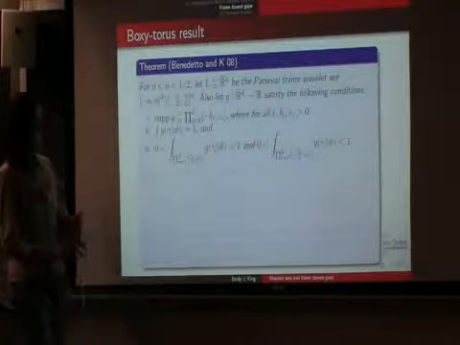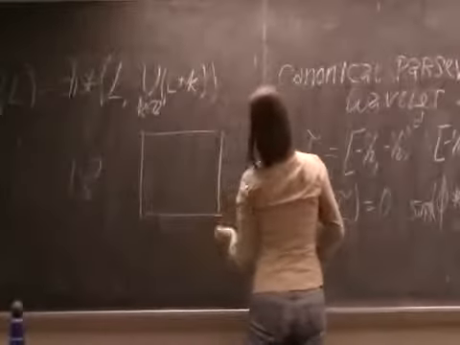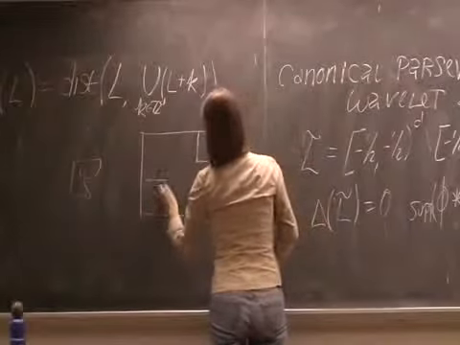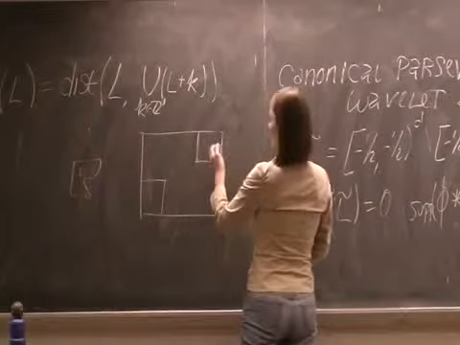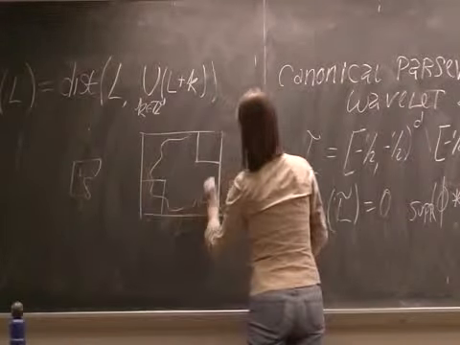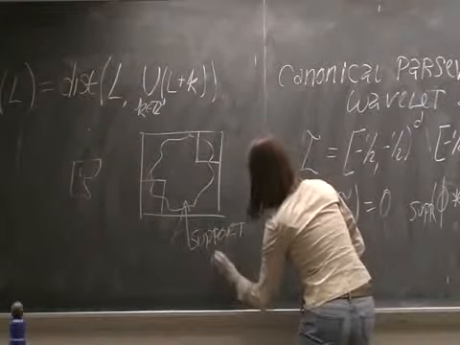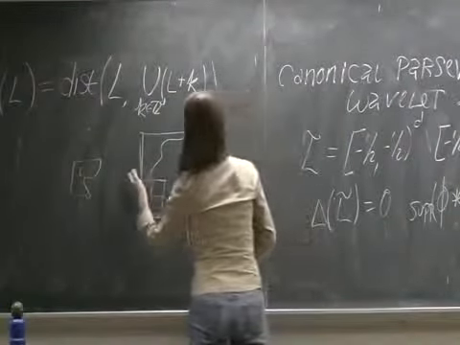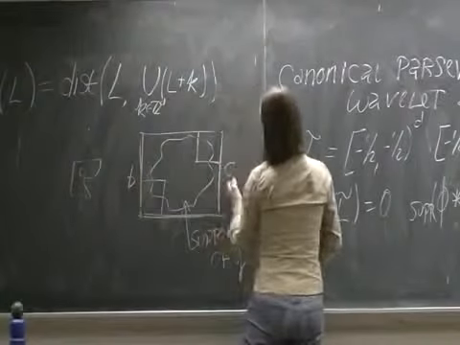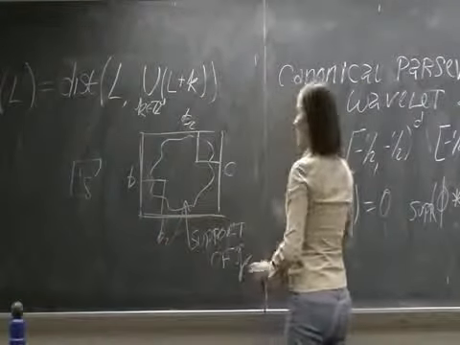So the way that G is supported is loosely like this. Here's the support of G, which is contained in this box right here, with corners B1, C1, B2.